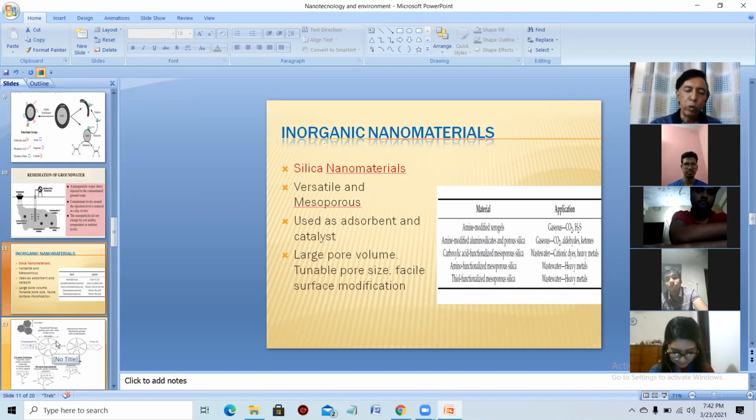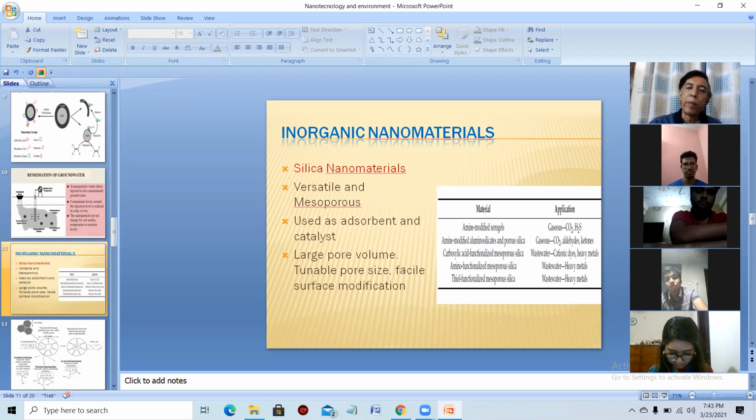They are used as adsorbent and catalyst. They are used as adsorbent of contaminant or pollutant molecules, or they can be used as catalysts.